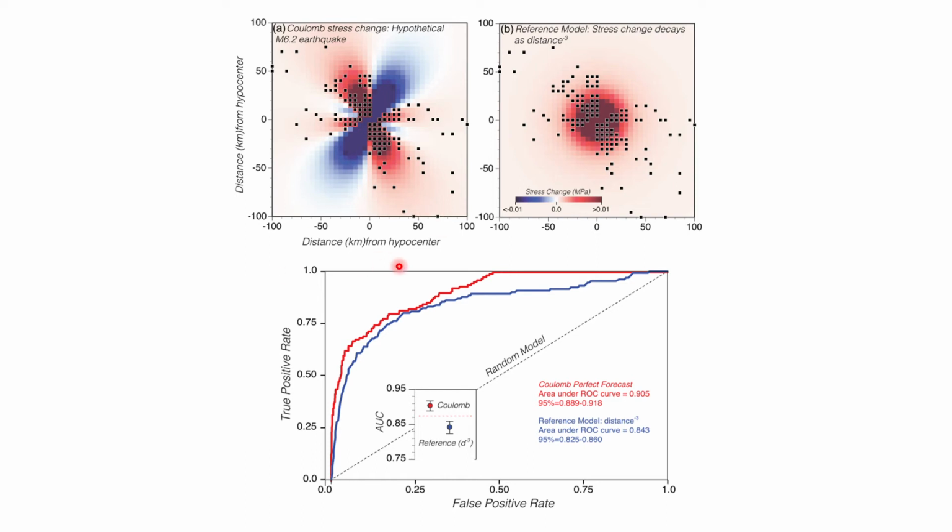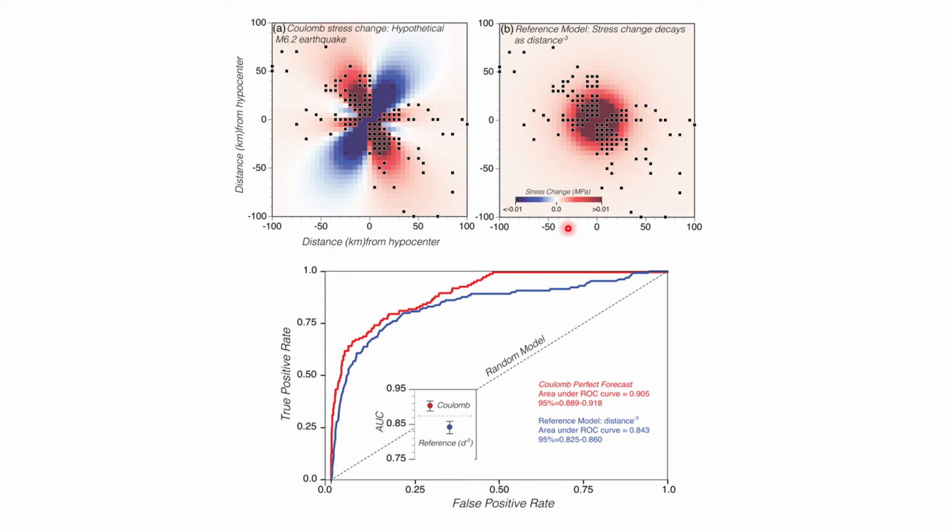This model is made a perfect forecast because a synthetic aftershock catalog is superposed that only has events in this red zone. These black squares show areas populated by aftershocks drawn from a distribution centered at the hypocenter, and aftershock probability falling as a function of distance d raised to the power minus 3. This panel represents the perfect Coulomb spatial forecast.